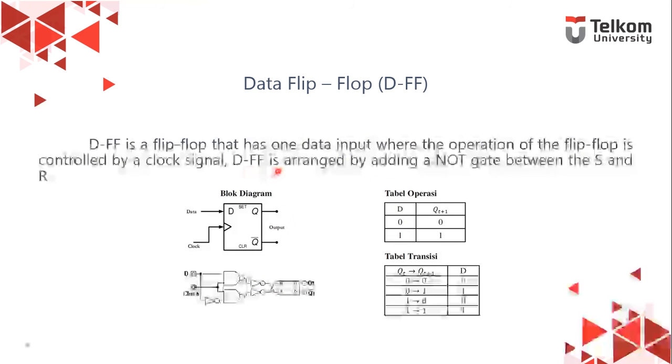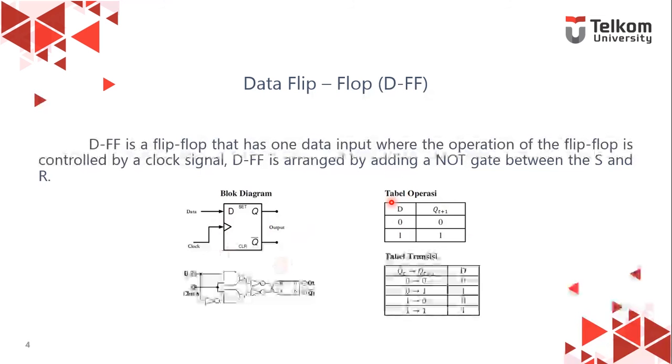The difference is that the D flip-flop is arranged by adding a NOT gate to the SR flip-flop, like this configuration. So the data flip-flop has a block diagram like this. There is one data input and one output and one complement of the output, and the clock for the trigger.